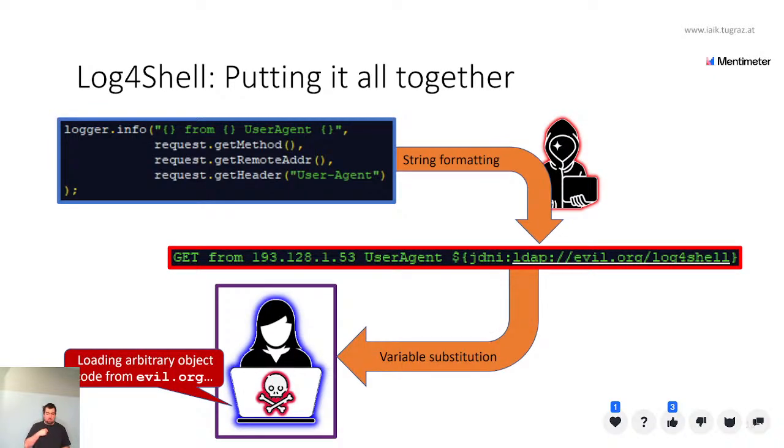And then what happens when variable substitution kicks in? Well, we have a JNDI instruction that tells us to load an object, and object means code, and code means bad. So we load this arbitrary object code from able.org, and then we execute whatever the toString function of that object is, and if the toString function takes over your computer, then well, that's by design. Yeah, that's the bug.